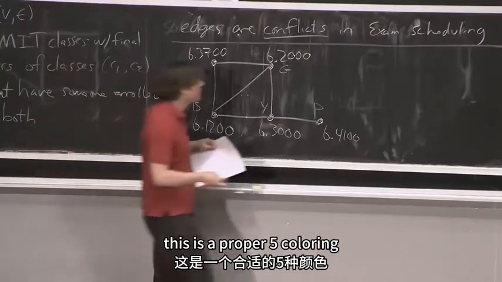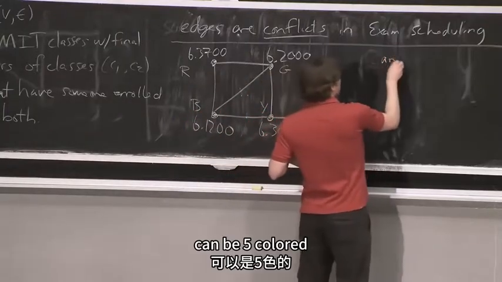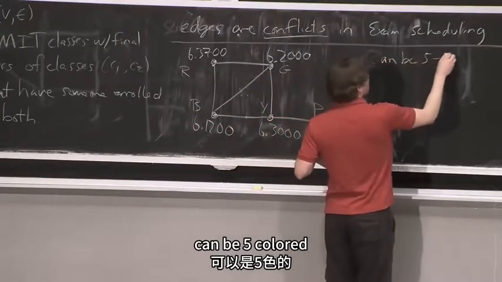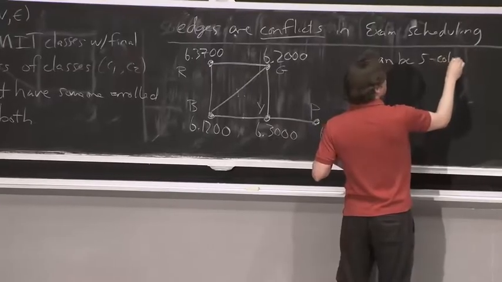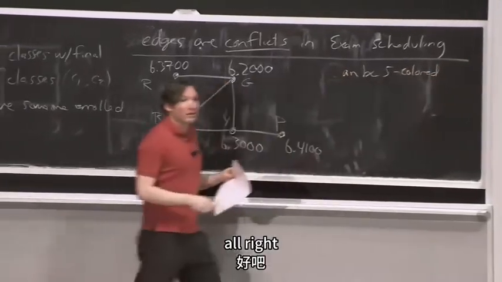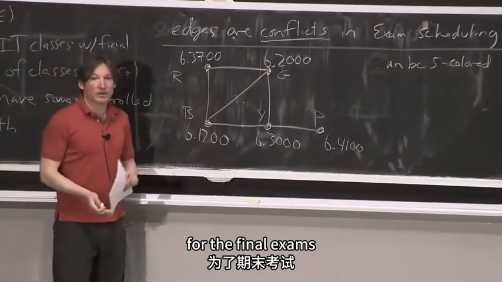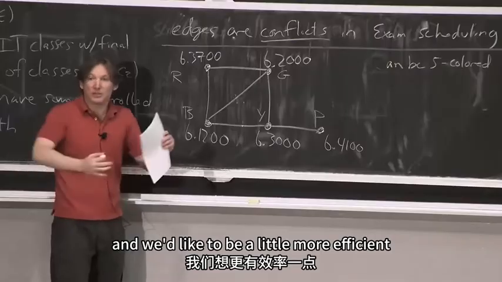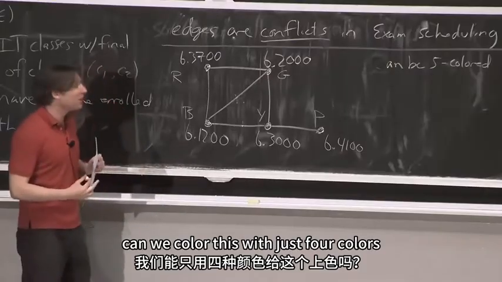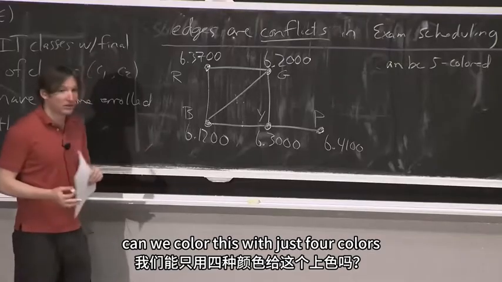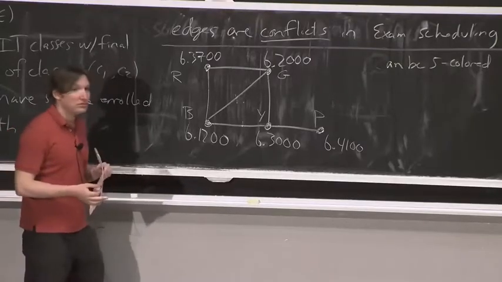This is a proper 5 coloring. Can be 5 colored. All right? But that means we would need 5 different time slots for the final exams, and we'd like to be a little more efficient. Can we color this with just 4 colors?